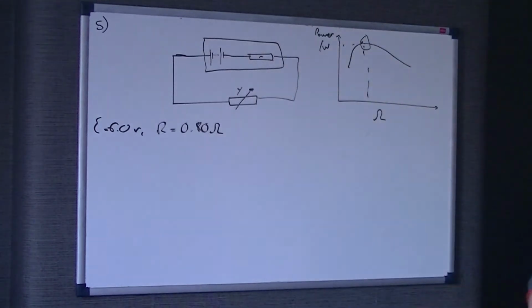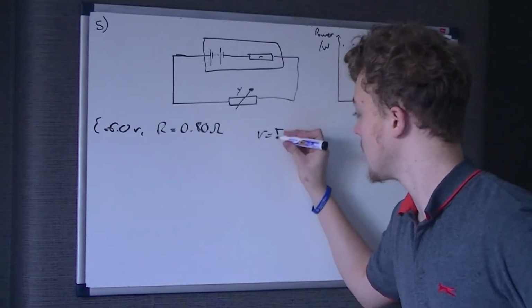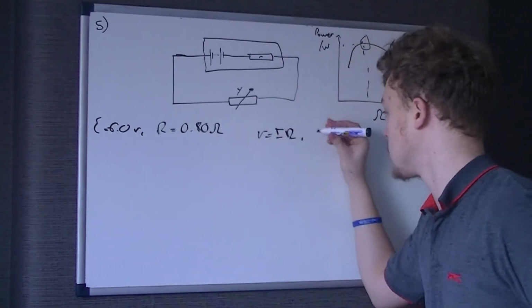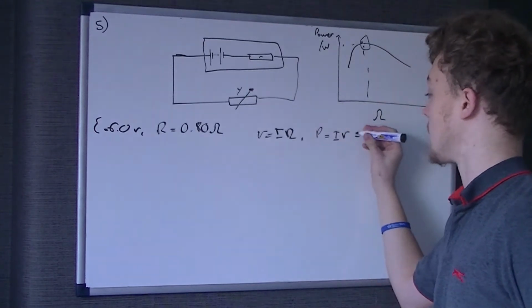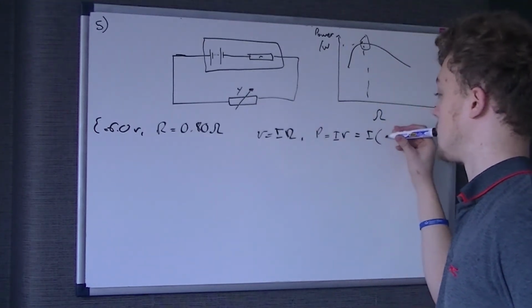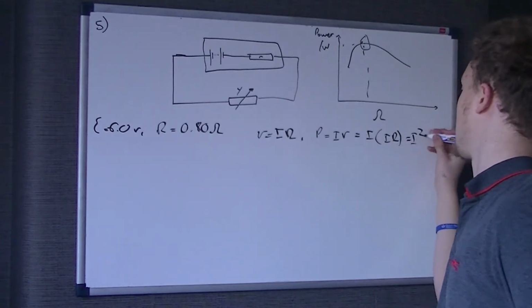We know that V equals IR, but we can't use that. So we've got to think through our equations: P equals IV, and therefore P equals I times IR in brackets, which gets you P equals I squared R.